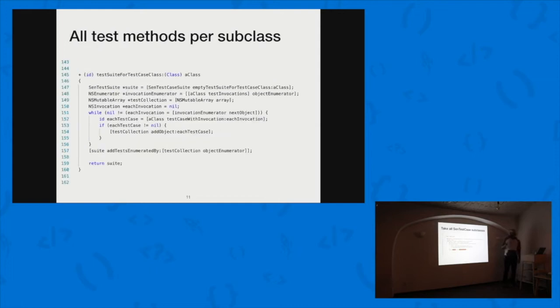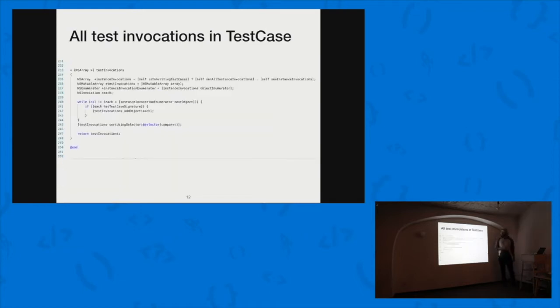For all XCTestCase subclasses, we take all test invocations, magic word, remember it. And for each test invocation, we create a new test at runtime. What is a test invocation? Basically, the Objective-C runtime gets all methods. If a method has a test signature, which means it starts with test, returns void, and has no parameters, it's a test. Easy peasy.